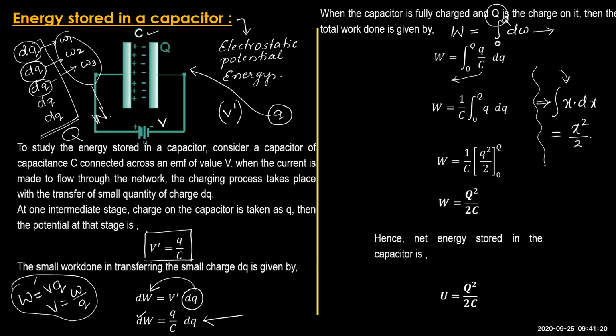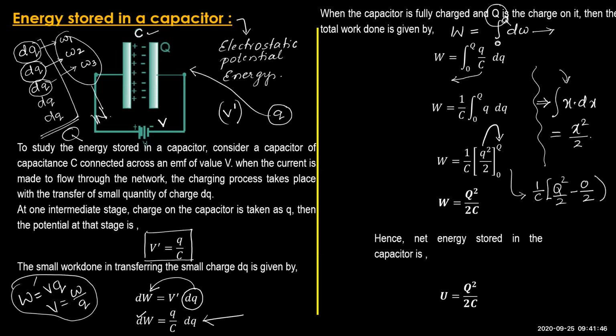Okay. So in the place of this small q, when you substitute capital Q, that is when the capacitor is fully charged, then it will be Q square by 2C. Of course, actually it should be written as 1 by C into Q square by 2 minus 0 by 2, right?